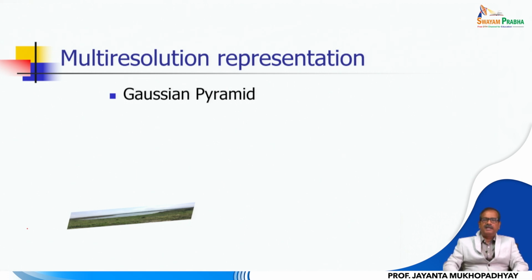Suppose you have an image. I am intentionally showing it as if it is lying on a flat surface in a three-dimensional structure. Suppose this is an image captured by the camera, and this is your given resolution image. I am noting it as 0, saying that it is the initial resolution of the image.